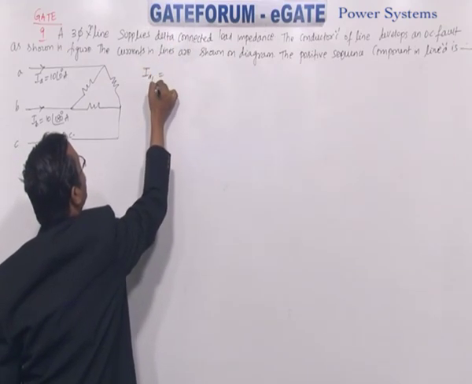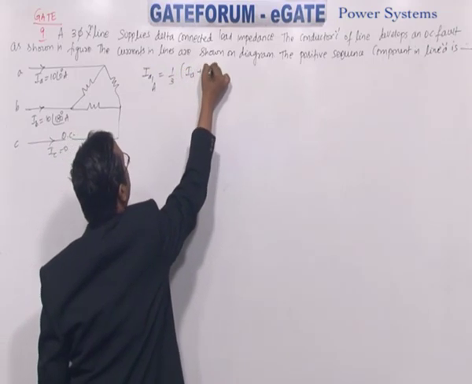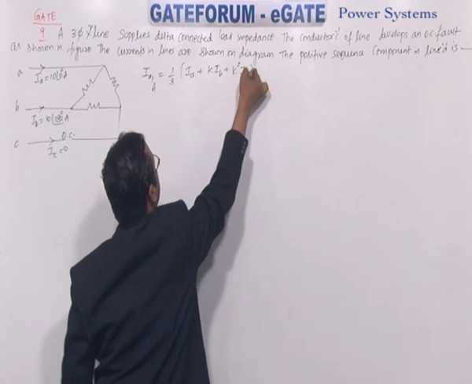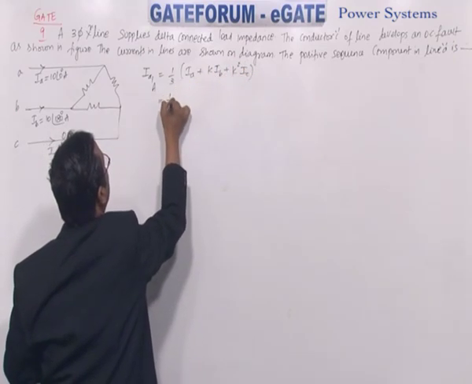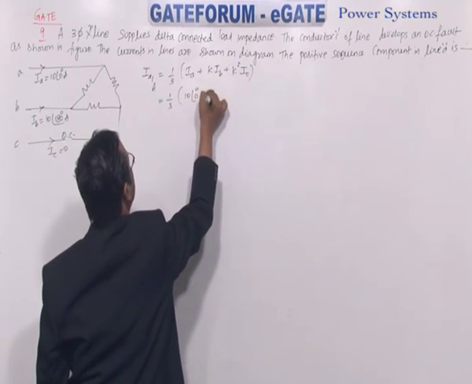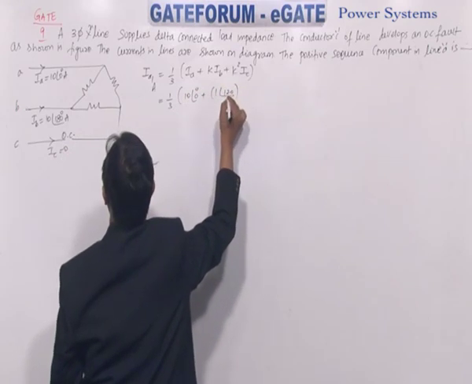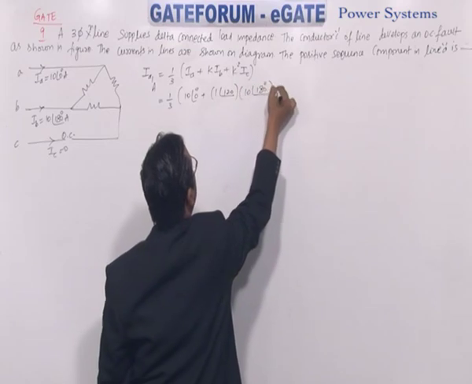IA1, you find in amperes, 1/3 times (IA plus K IB plus K squared IC). How much is IA? 10 at angle 0. K times IB is 1 at angle 120, IB is 10 at angle 180.